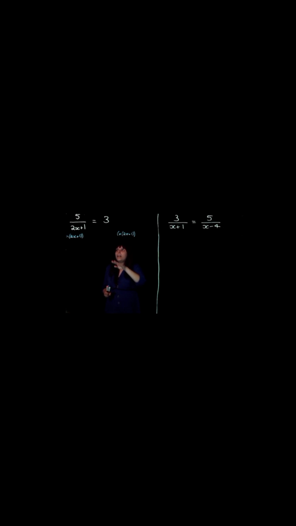So I know when I multiply 5 over 2x plus 1 by 2x plus 1, my 2x plus 1s cancel each other out, just to leave me with my 5. And then on this side, I'm going to get 3 times 2x plus 1.